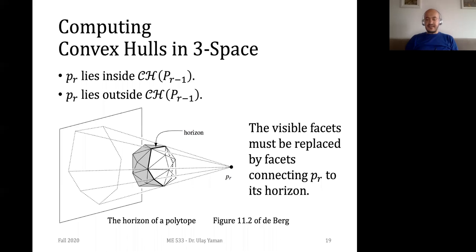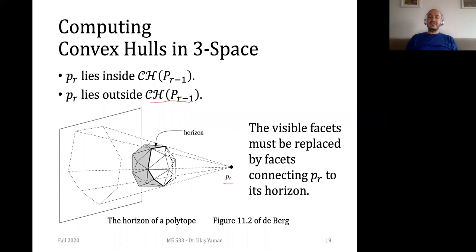this new convex hull? This is what we do. Now we are assuming that our P_r is outside the previous convex hull, which is CH of P_{r-1}. This part is our previous convex hull. We are adding a new point, and as you see, this is outside our convex hull. So this time you can assume that this is a kind of light source, maybe a sun, and it's shining on our planet.